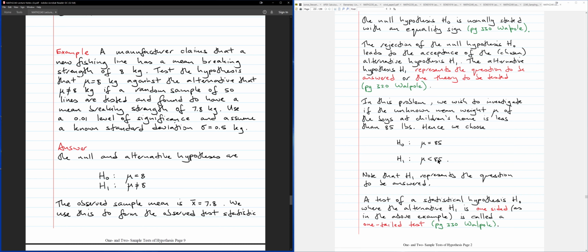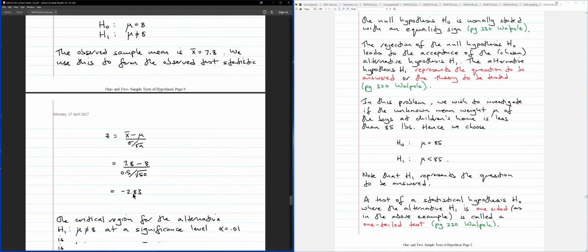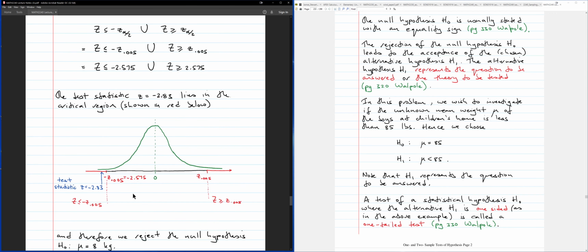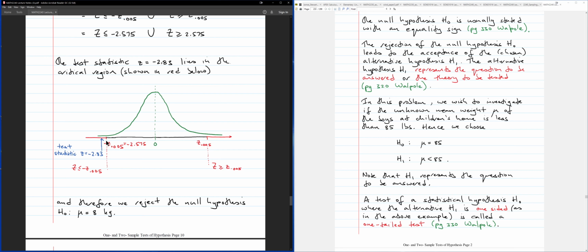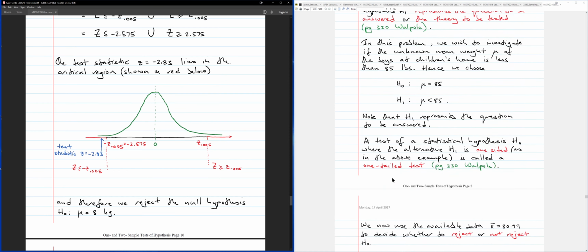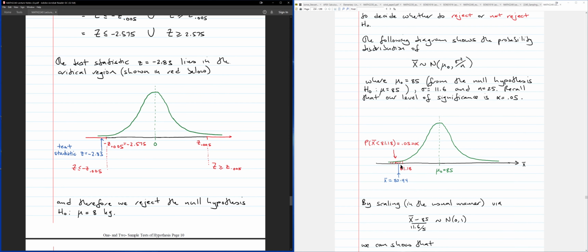This is mu less than 85, and this is mu not equal to 85. In this situation the test would be two-sided because your rejection region would be formed from two tails, as compared to this case, where it's just one tail.